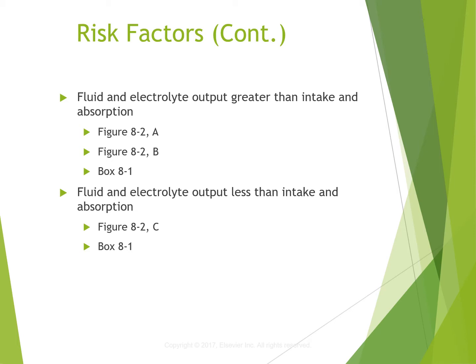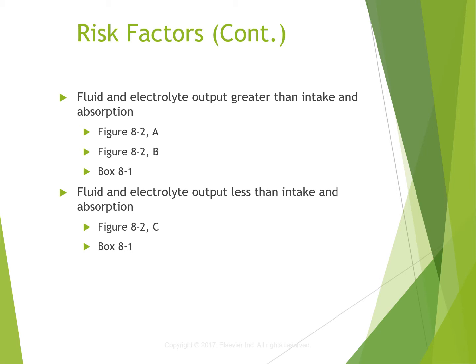On page 63 in your concepts book, chapter 8, figure 8.2 is showing you the first picture, which shows equivalent fluids, normal output, normal intake. So the extracellular vascular fluid is normal, the osmolality is normal, and the plasma electrolytes are normal.